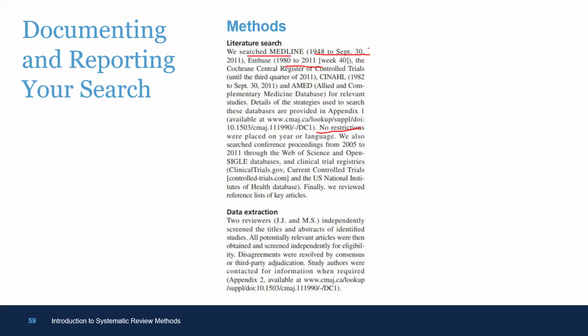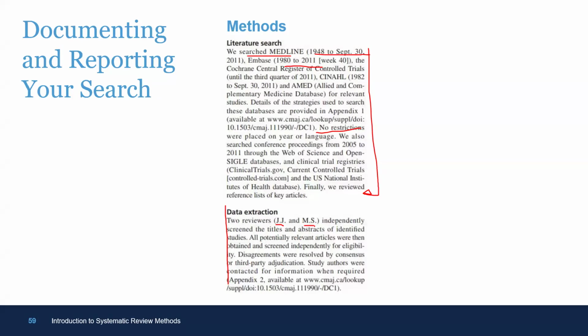Those are things you can talk about in your searches. You can also talk about your extraction, to say who the people extracting are. If these are all authors, use their initials to say two reviewers, this and this one, did this. When they finished searching, we had conflicts which were resolved by a reviewer, and you put their initials.